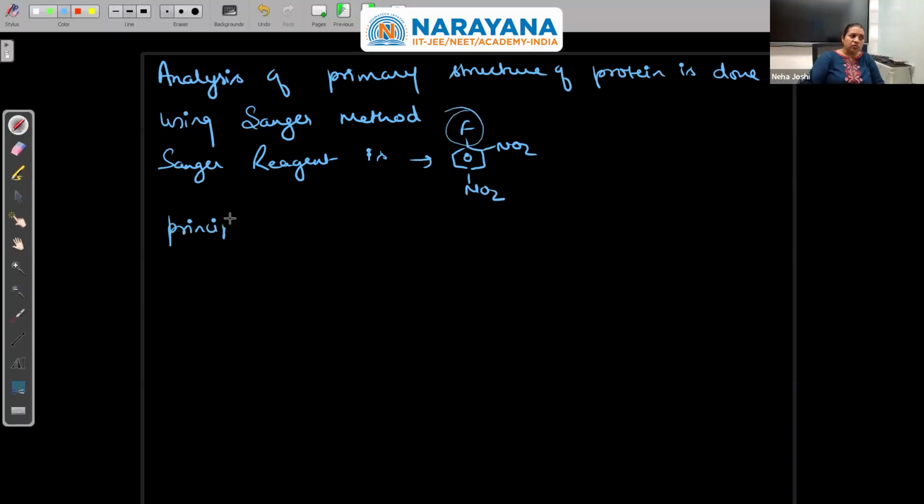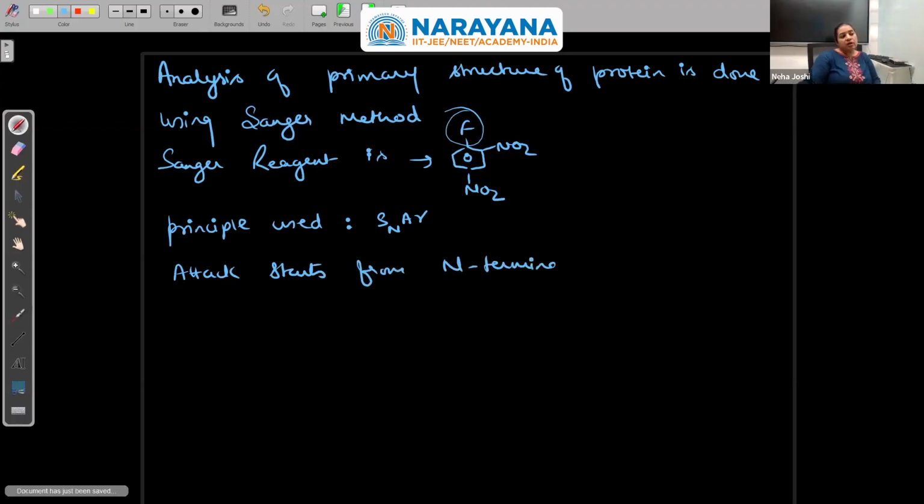Principle used is SNAR. Attack starts from the N-terminal amino acid. It always attacks the N-terminal amino acid. That is fixed.